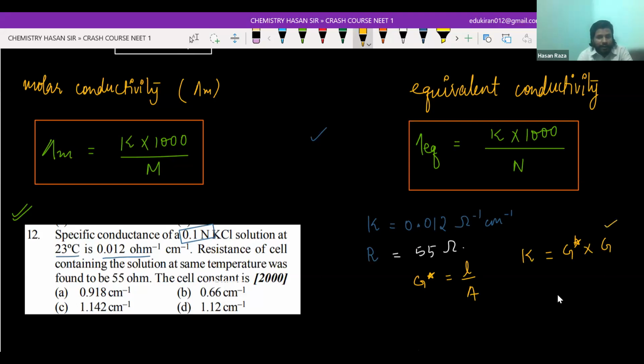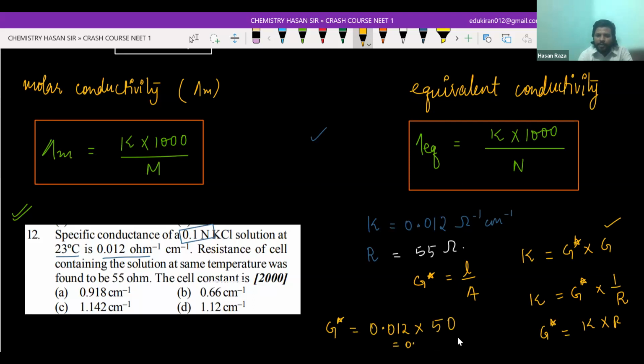But conductance is not given directly, so in place of conductance we can write the reciprocal of resistance, replacing G with 1 by R. Then we can easily calculate G star, the cell constant, which is kappa into R. So G star will be equal to kappa, which is 0.012 per ohm per centimeter, into R, which is 55. If you multiply it, you will get 0.66 per centimeter. So the answer will be B.